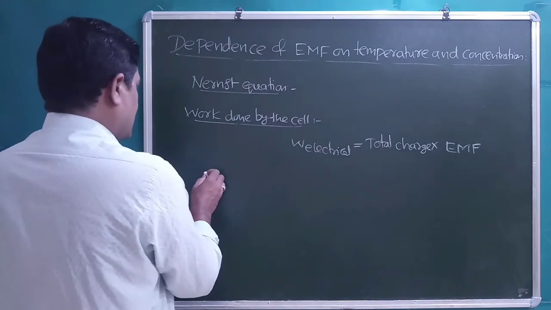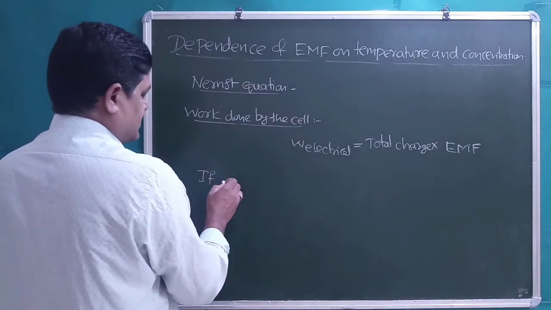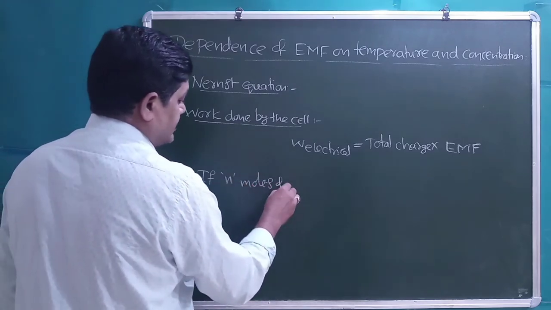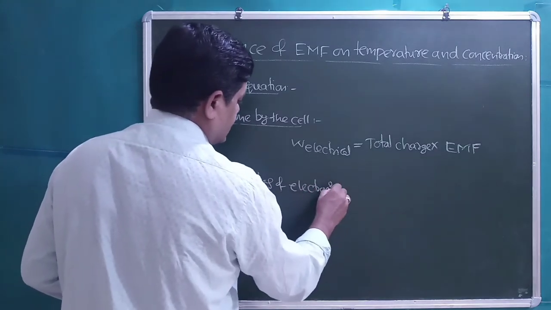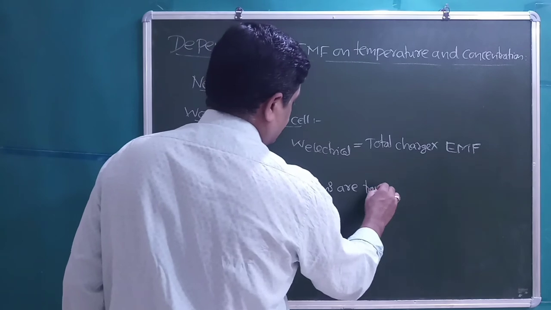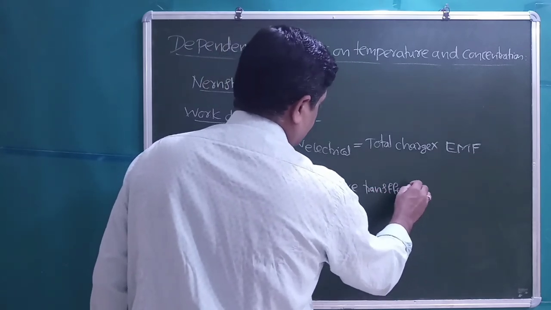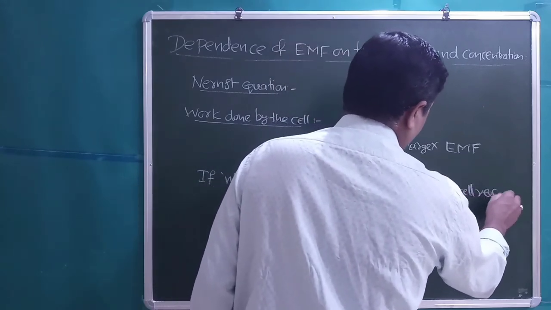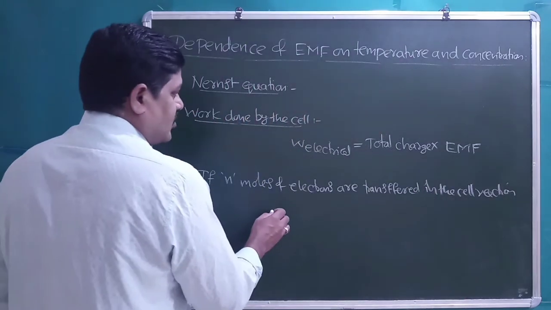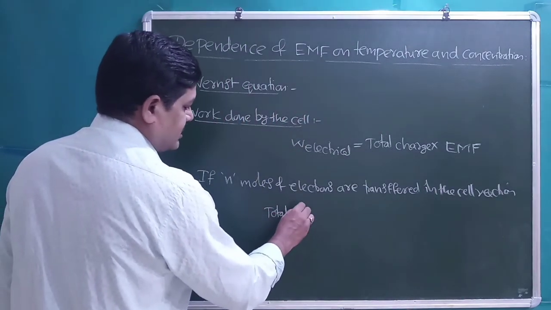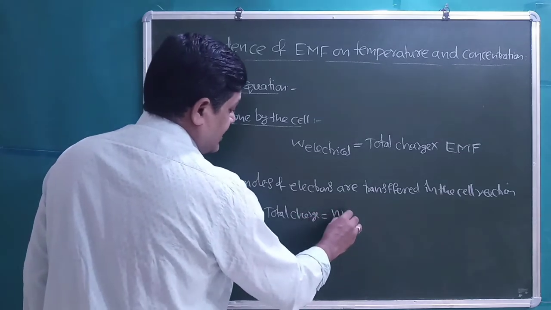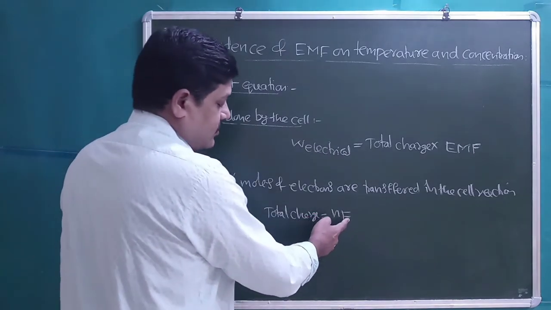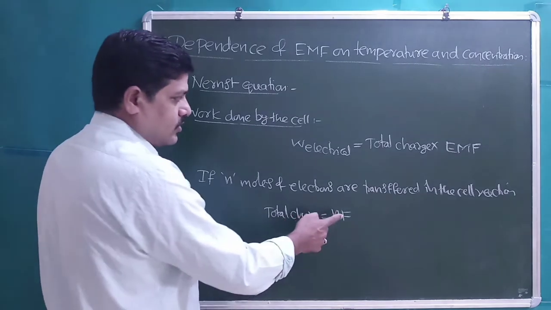Students, for example, if n moles of electrons are transferred in the cell reaction, then total charge is equal to n multiplied by F, where F is Faraday, the charge on 1 mole of electrons, which is equal to 96,500 coulombs.